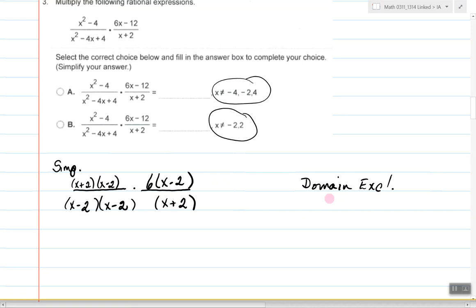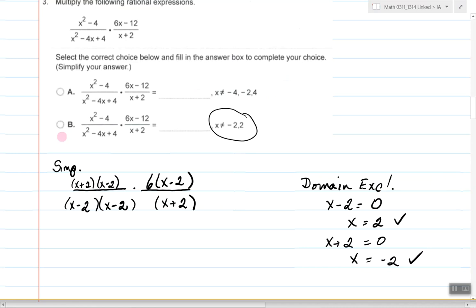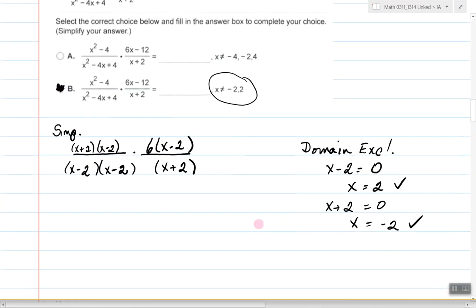In the first one, I have two factors of x minus 2. Well, I only have to look at it once. If x minus 2 is 0, x is 2. That's a domain exclusion. From this denominator, if x plus 2 is 0, x is negative 2. So I know that choice B is the one that I'm going to enter my simplified answer in.